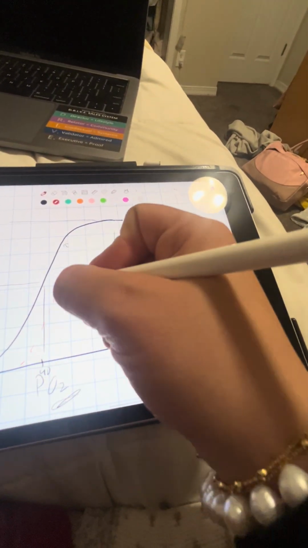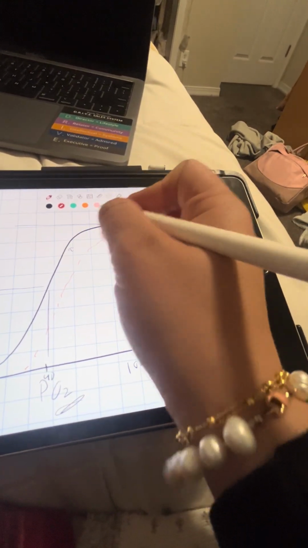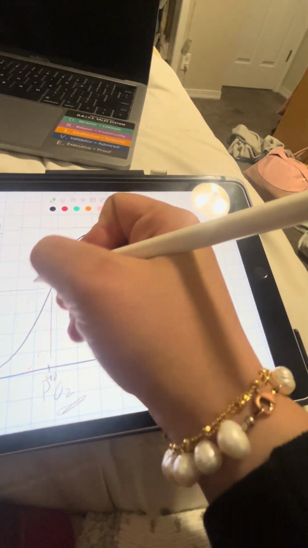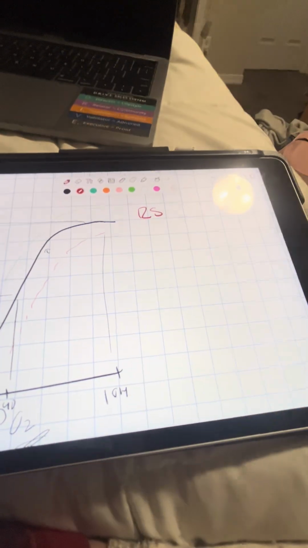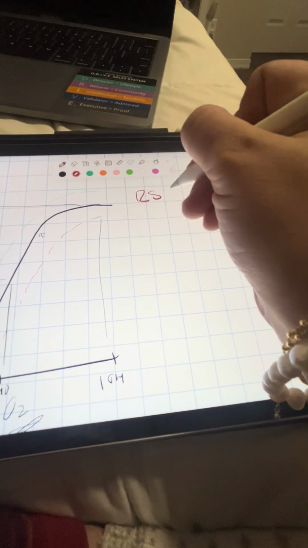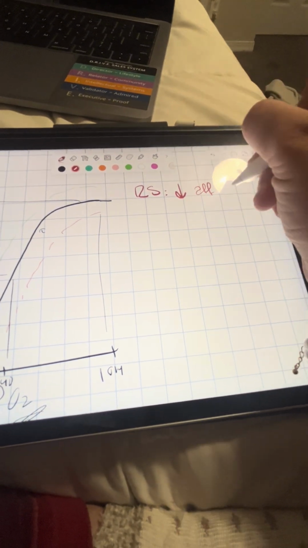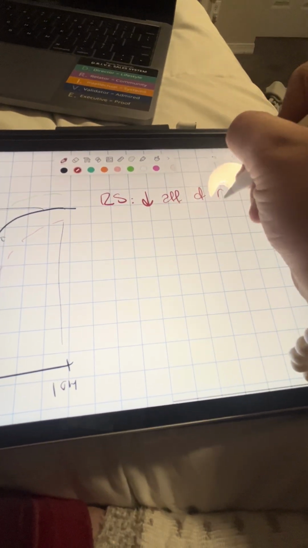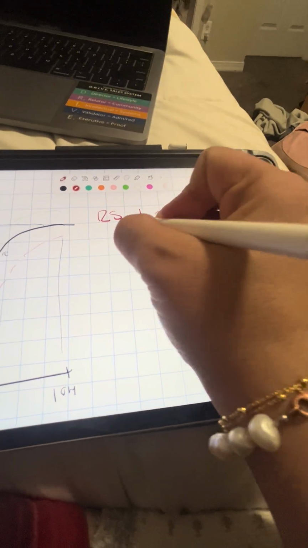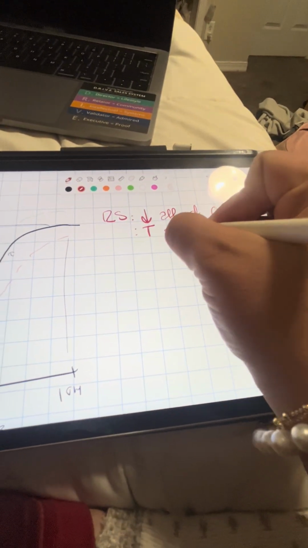So this one that I'm drawing right now is a right shift, and the one in the green is going to be the left shift. Okay, and so if you have a right shift, what this is saying is that it is going to be decreasing my affinity for oxygen. Meaning I'm going to be shifting into my T state for my hemoglobin, and I'm going to be releasing it, right?